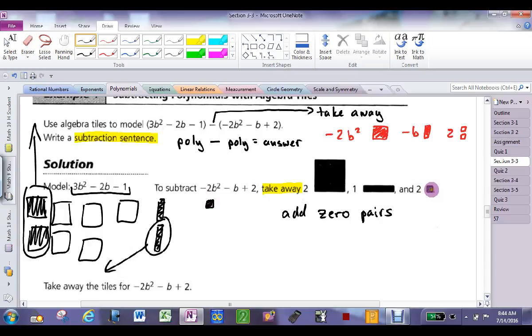Can I take away two unshaded little guys? No, there's none there, so I gotta add them in. Now can I take away two? And what is left?